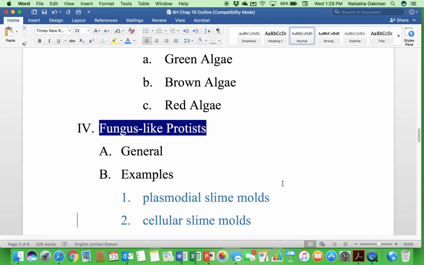Okay, so pseudo, once again, we've got a fake plasmodium. So these cells do not fuse to one another. They're more like colonizing, but they move as one now.